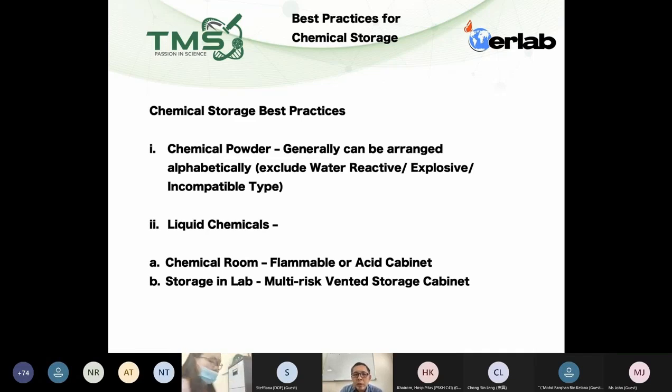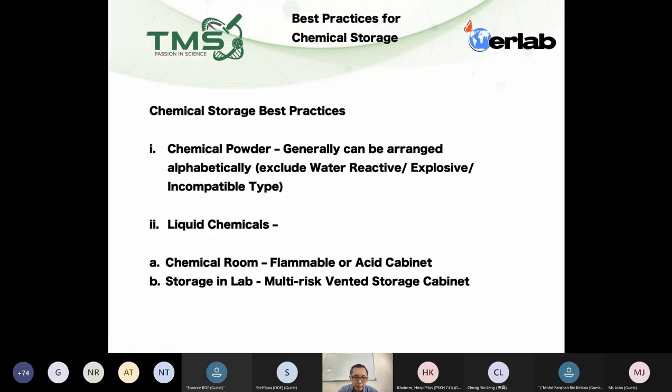These three groups you have to segregate and store differently, at a separate cabinet. But for the others, you can just put them on the rack or shelf and arrange them alphabetically. All right, that is for chemical powder.